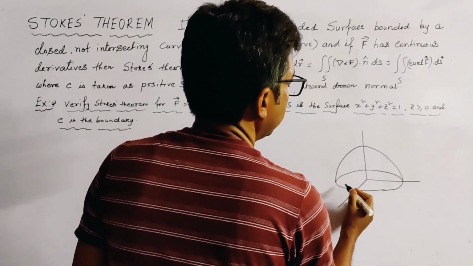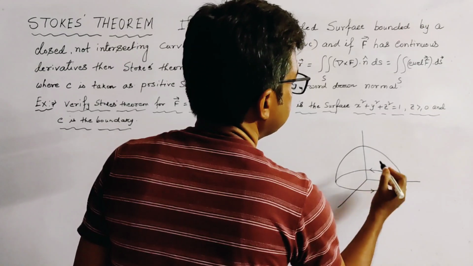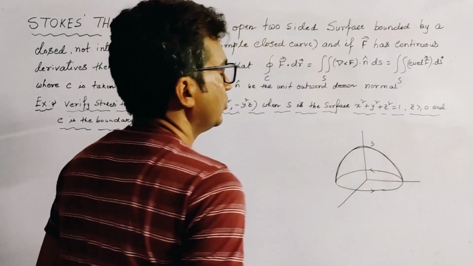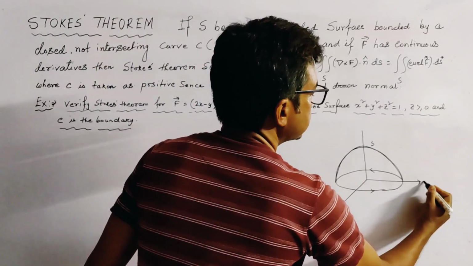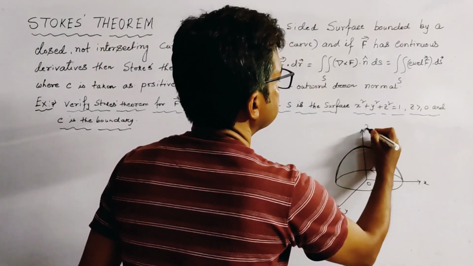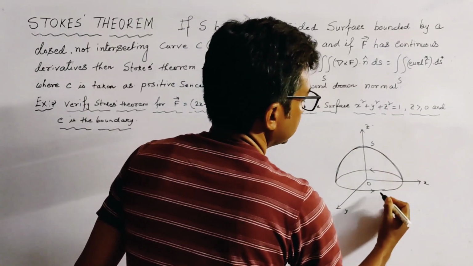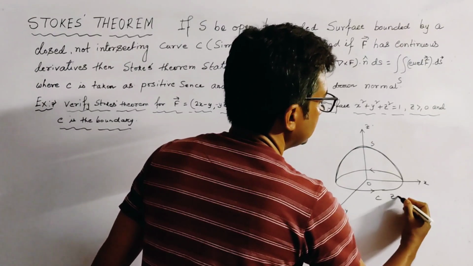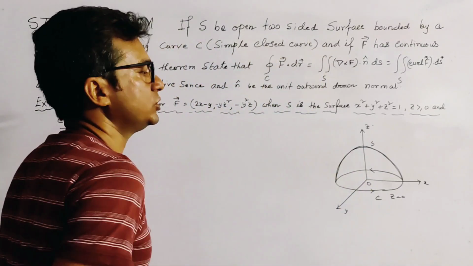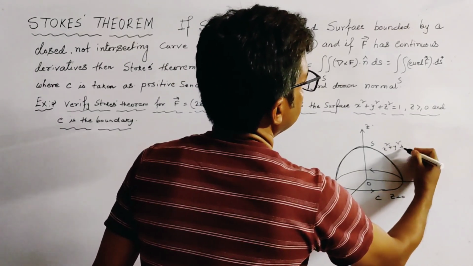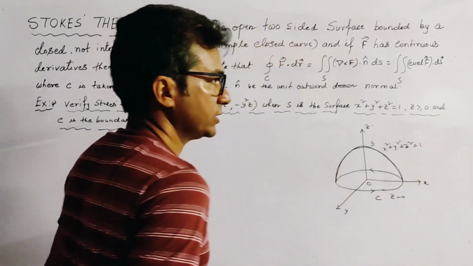This is the base, let it be C, and the surface is S. This is the origin. The plane of the circle C is z equal to 0, and the surface is x squared plus y squared plus z squared equal to 1.